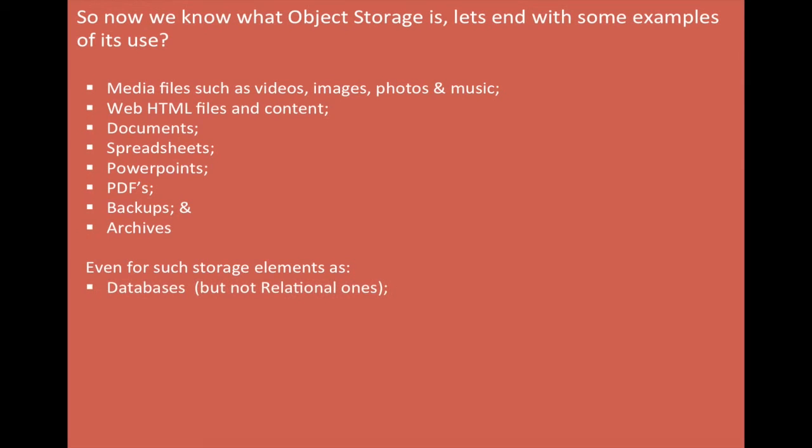And even going beyond that, it's great for databases. Not relational databases, that's one of the use cases that doesn't work well with object storage, but having NoSQL, like a MongoDB database, perfect.